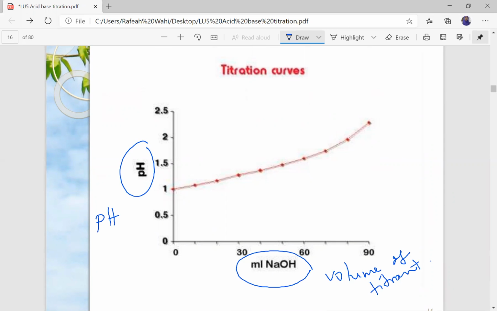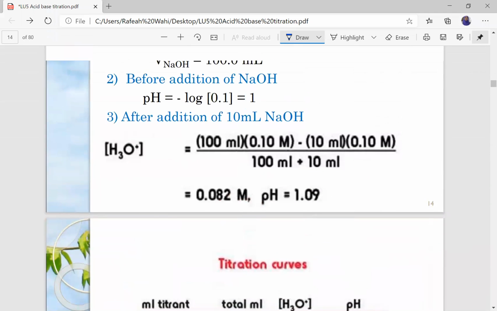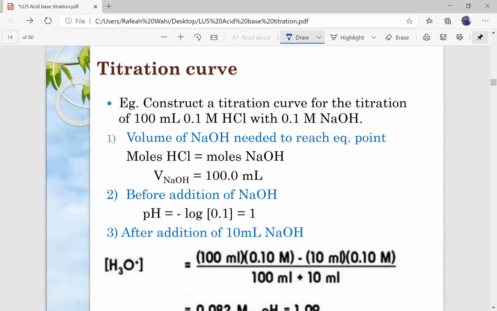The y-axis would be the pH and the x-axis would be the volume of titrant. This is why we are going to look for the pH of our analyte throughout the titration process, for us to construct a titration curve.